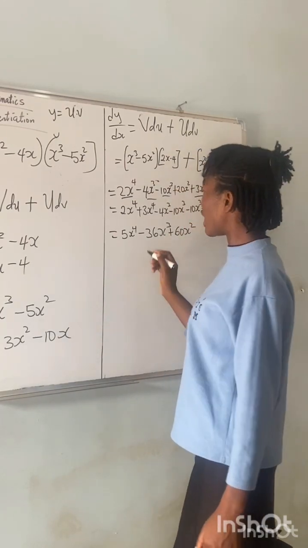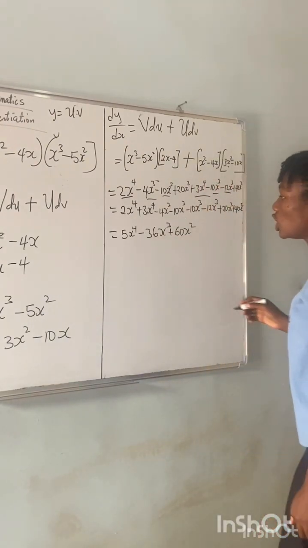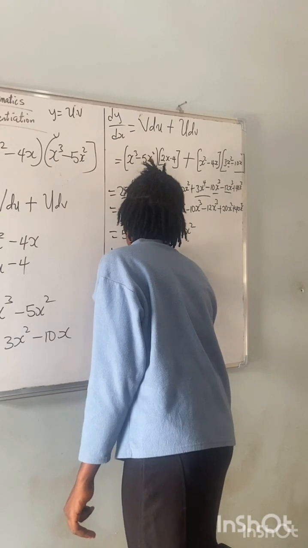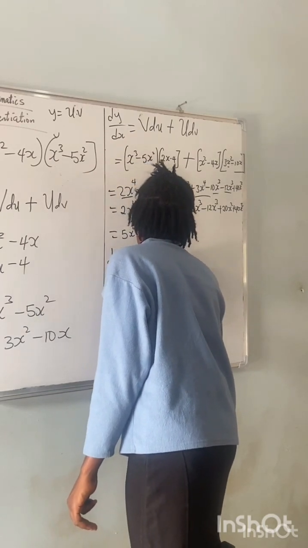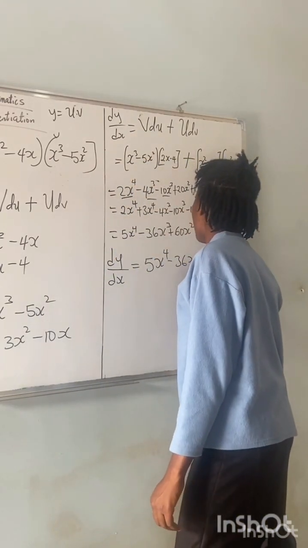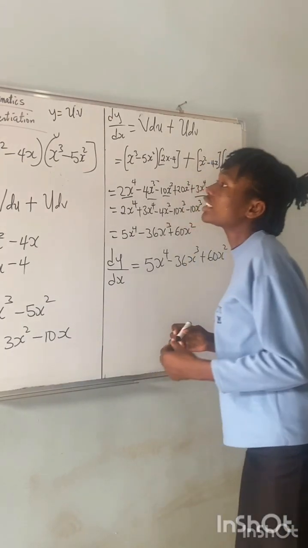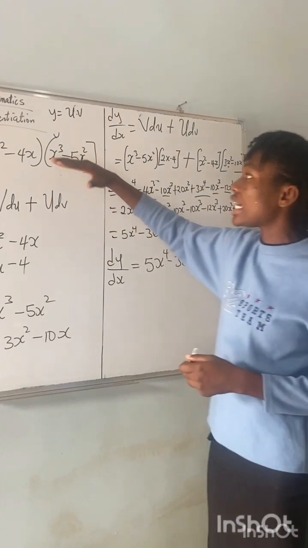All right, so we are through with our differentiation. So this is our dy dx, giving us 5x raised to power 4 minus 36x raised to power 3 plus 60x squared. In this case, we have successfully differentiated this.